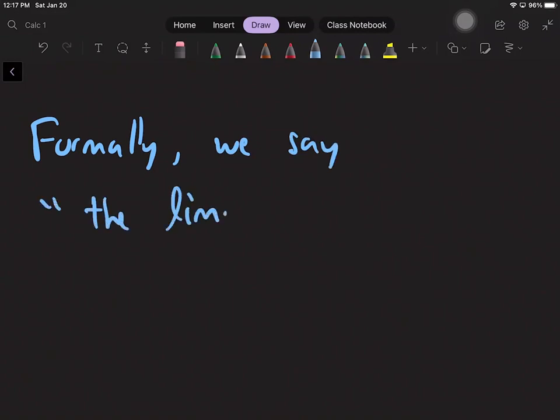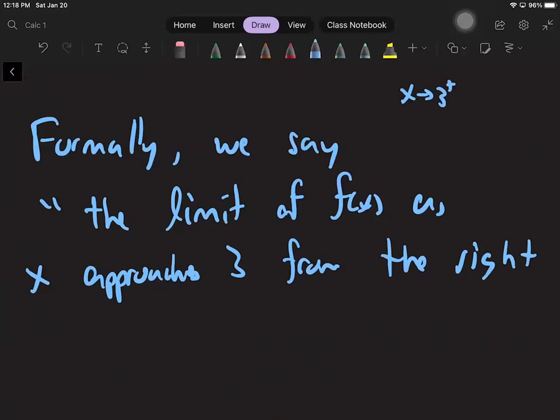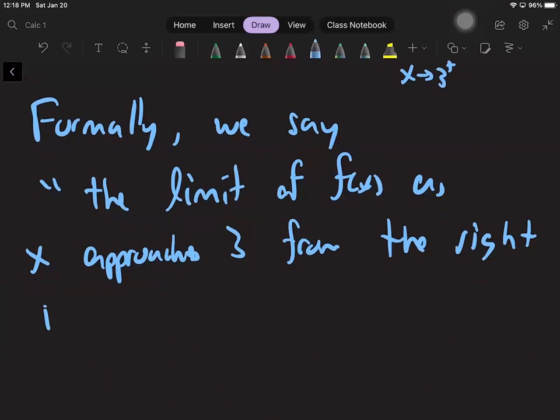The limit of f of x as x approaches 3 from the right, so that is just a longer way of saying this thing that I wrote here, x arrow 3 with a positive sign on it, is 8. Okay, so the "is 8" is really hiding all of this notation that I wrote before. F of x goes to 8 with the little arrow.